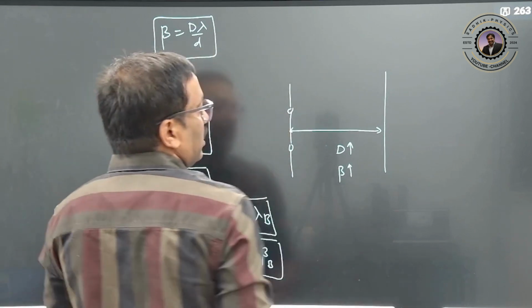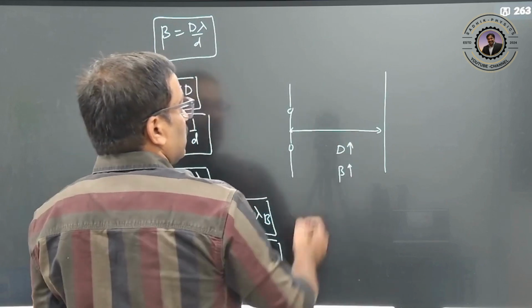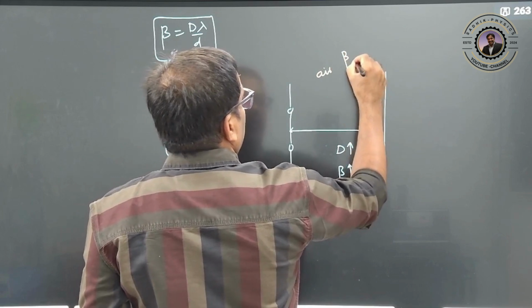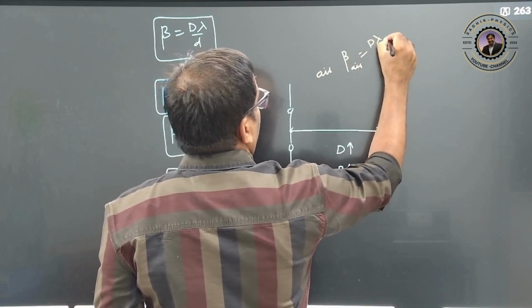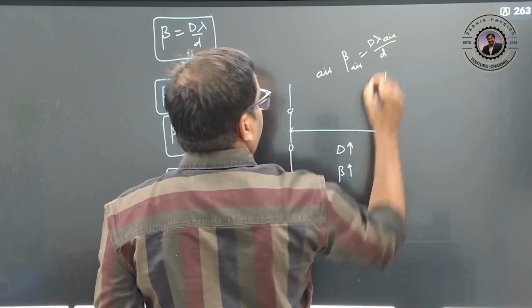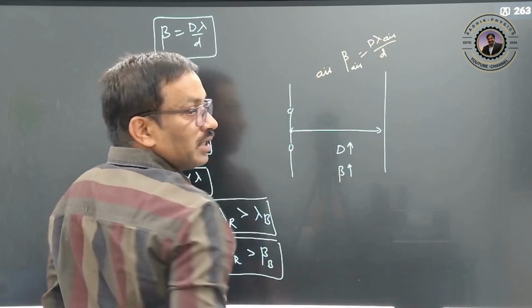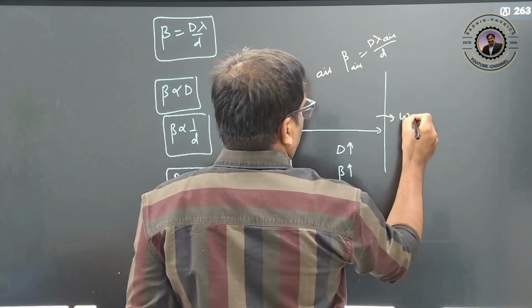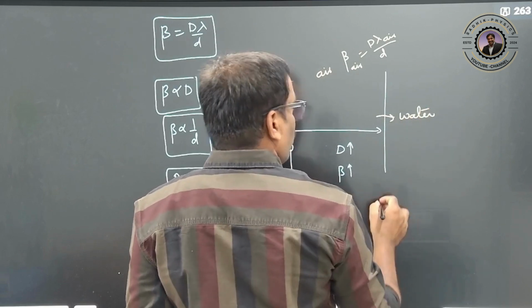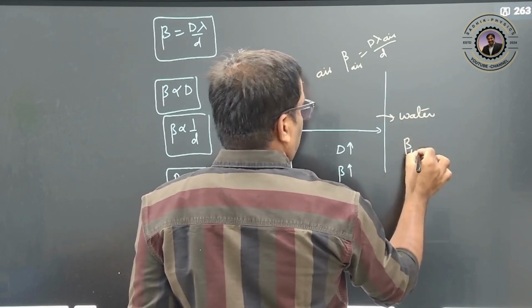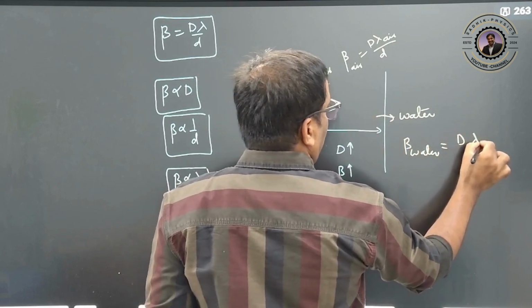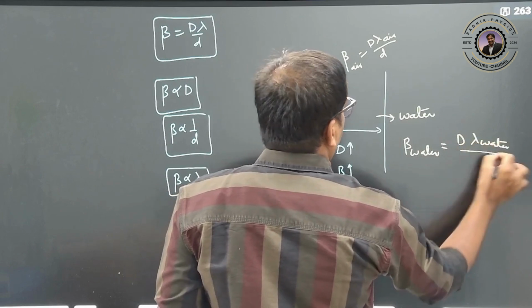So here we can rewrite one more important thing. Suppose the experiment is done in air, so beta in air is Dλ in air by d. Suppose this is totally immersed inside water, so if the experiment is done in water, beta in water, there is no change in D and d, is D into λ in water divided by d.